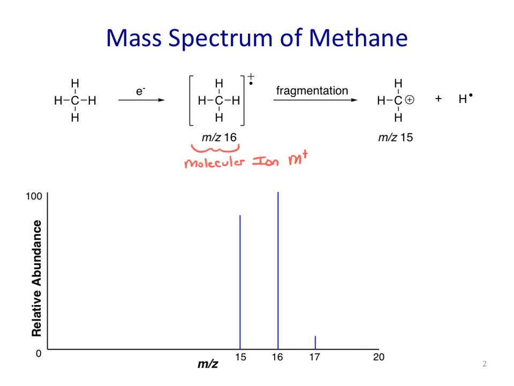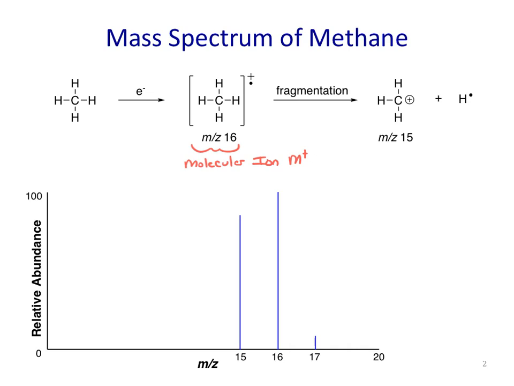The mass of methane is 16. Losing an electron is negligible in terms of mass loss, so the molecular ion, which is 16, corresponds to the weight of methane. It's often written as this m/z term, which is just a mass to charge ratio.